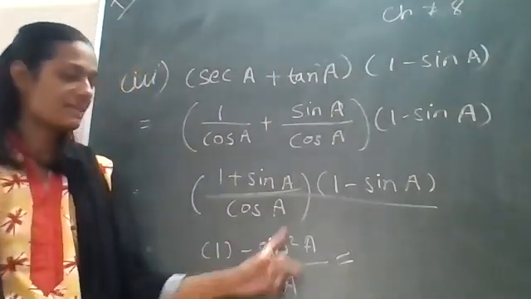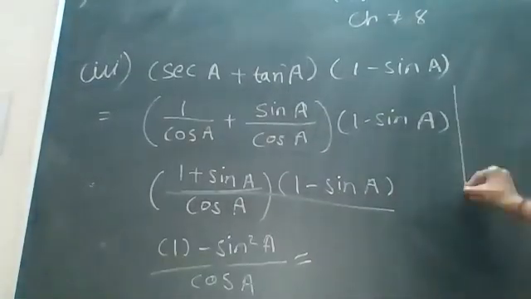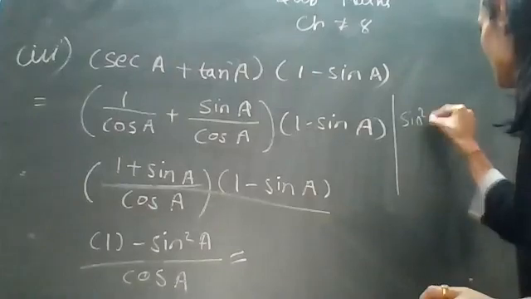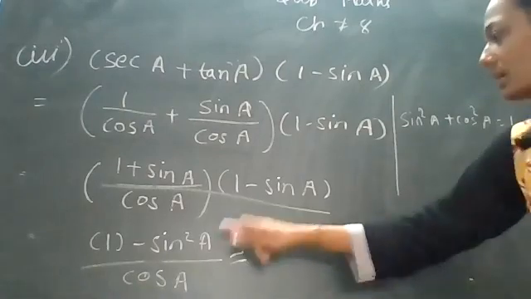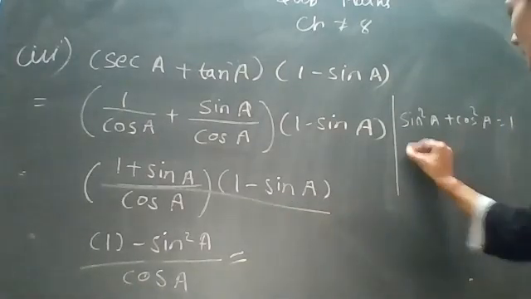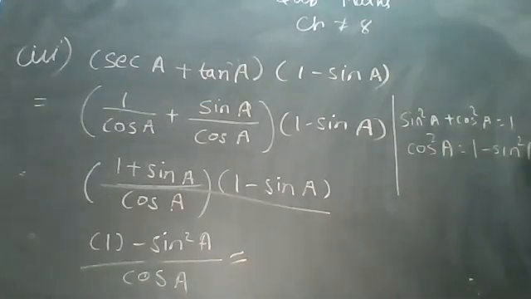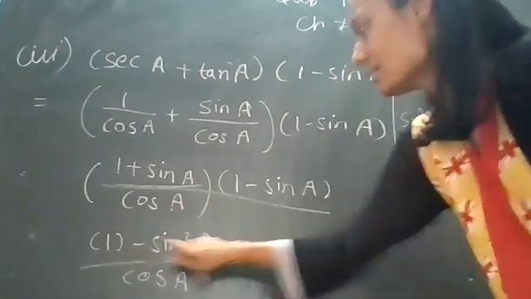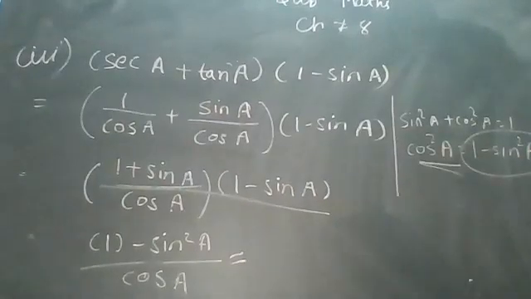Now 1 minus sin square A is equal to what? Understand this one. We have sin square A plus cos square A is equal to 1. Here we want minus sin square A, so cos square A is equal to 1 minus sin square A. So instead of 1 minus sin square A, we can write cos square A. Yes or no?